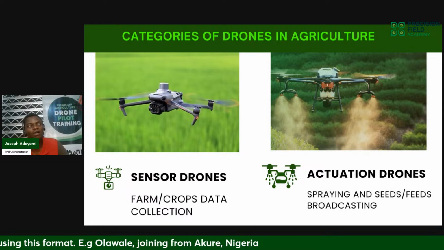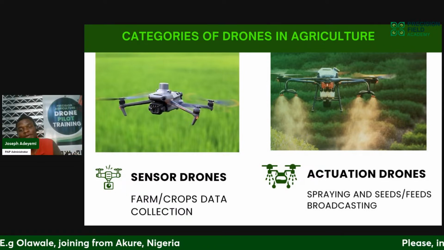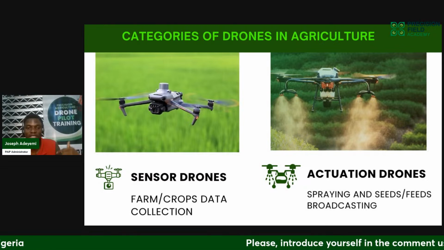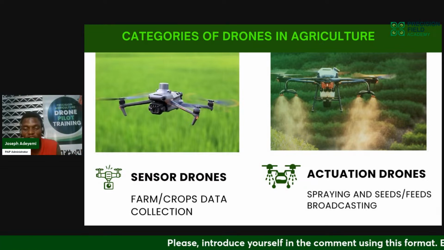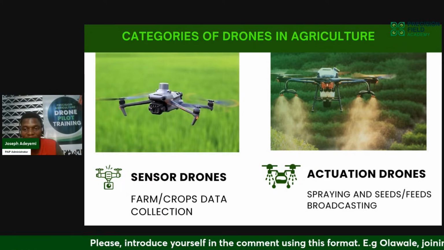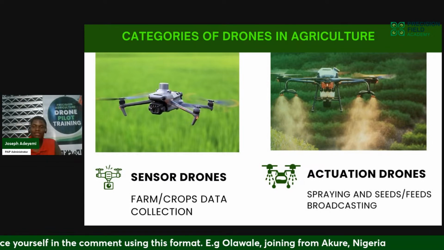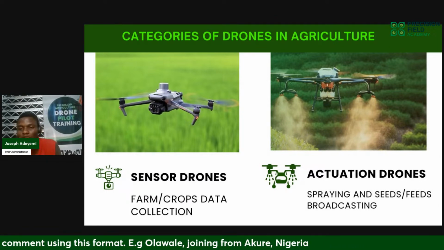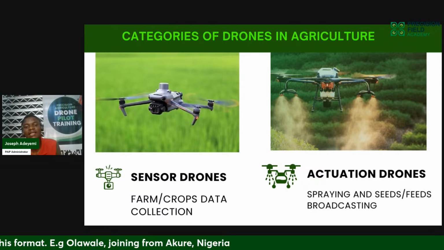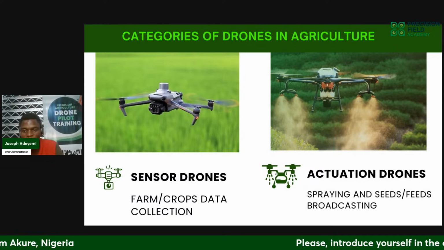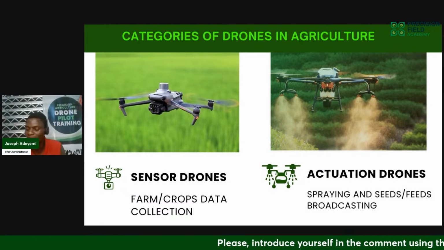So a sprayer drone is an actuation drone because it uses a pump to actually perform the function of spraying chemicals and pesticides, and we also have the spreader. The spreader is also an actuation drone because it has a spreading mechanism that helps you to broadcast seeds or broadcast fish feeds on fish ponds.